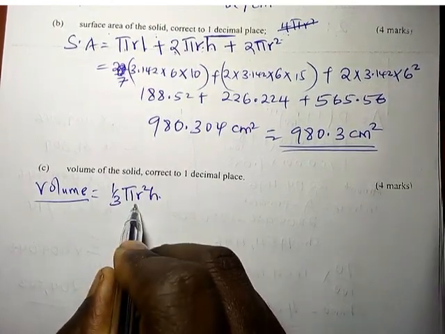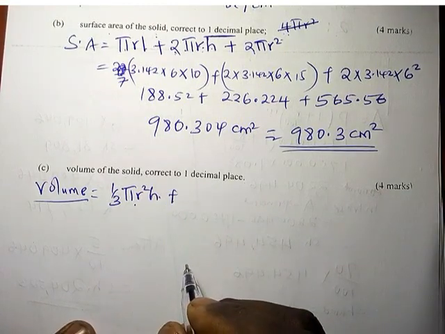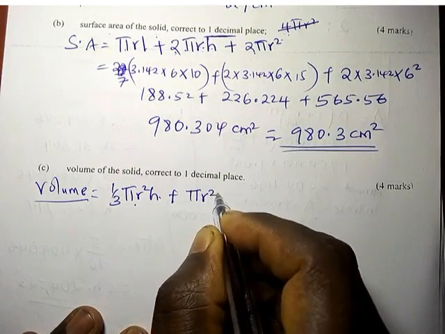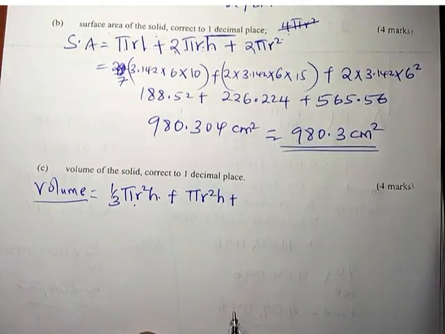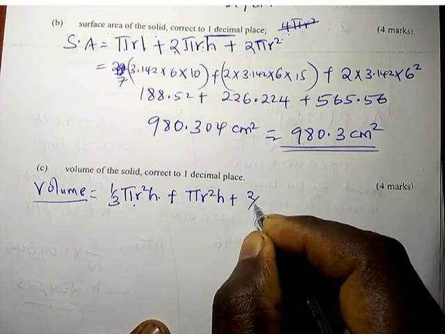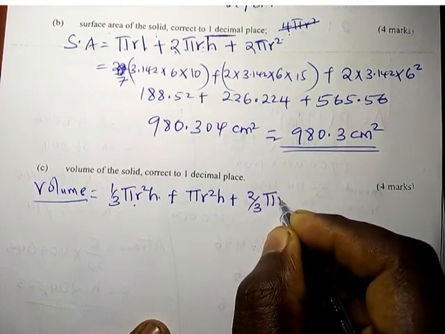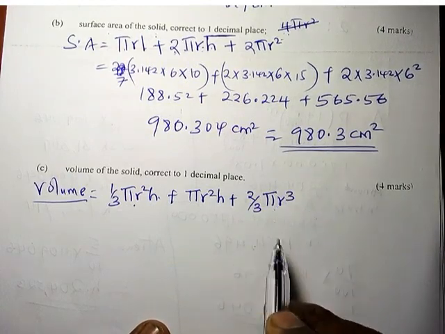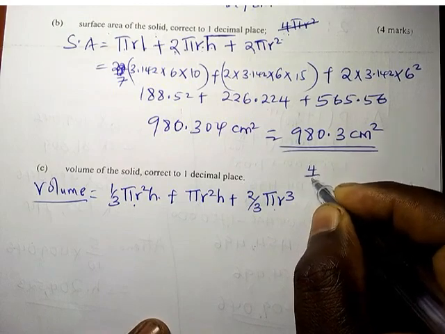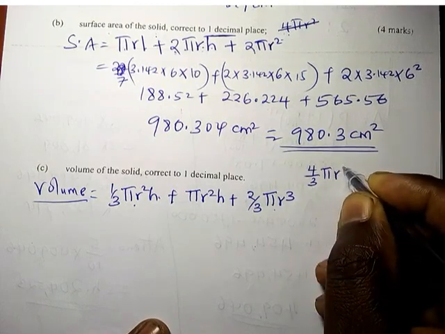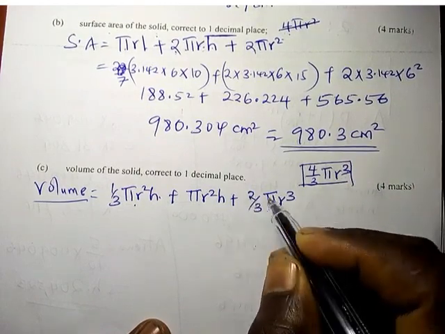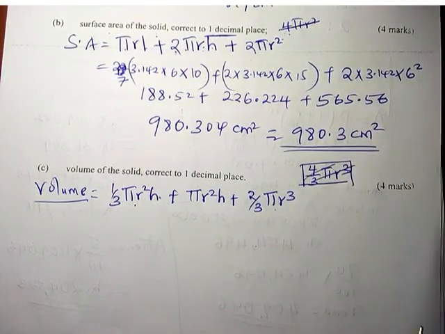Plus the volume of the cylinder, which is pi r square h, plus the formula of the hemisphere, which is 2/3 pi r cube. Remember, the formula for the sphere is 4/3 pi r cube. So a hemisphere is a half, that is why we use 2/3.